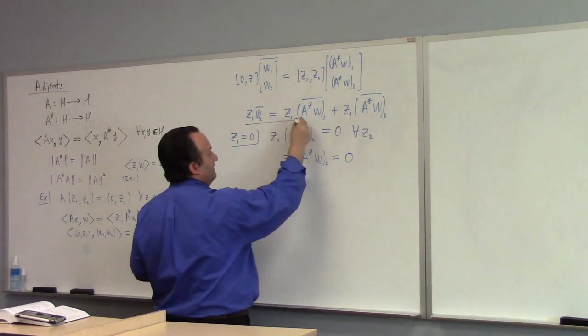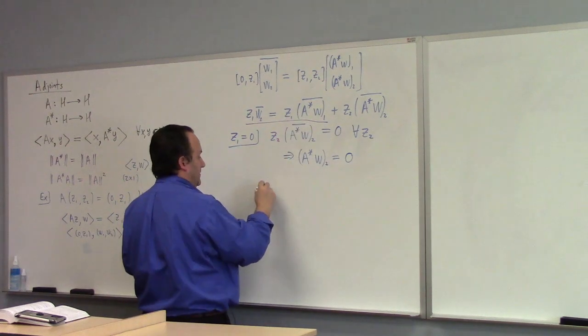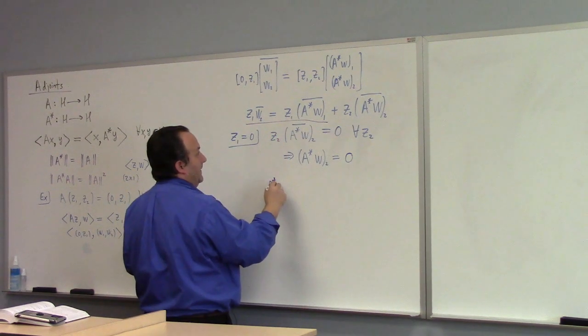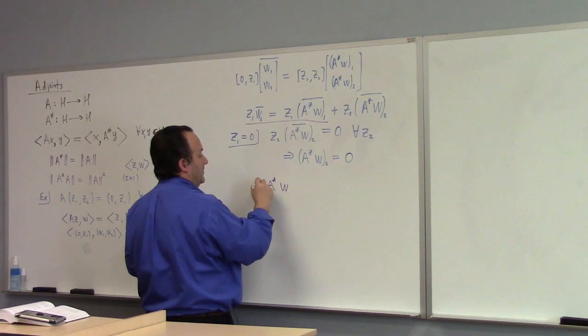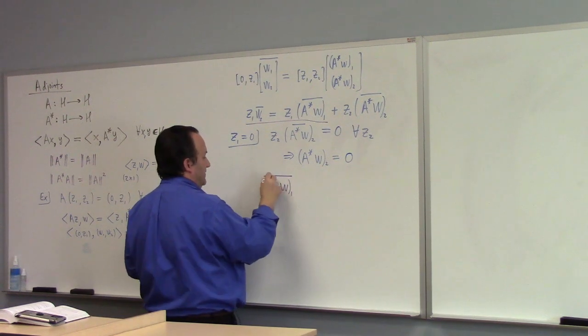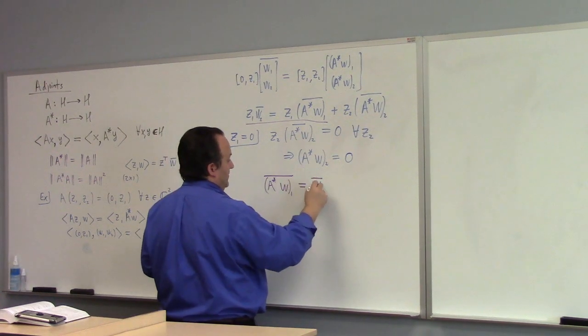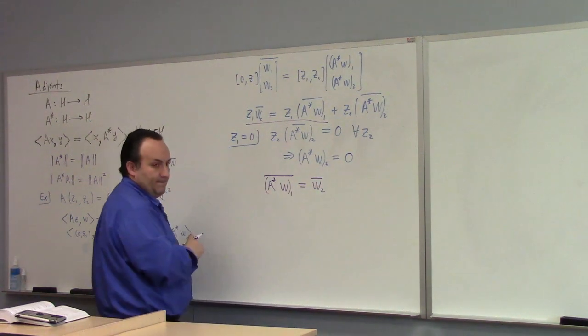here, I can put Z1 equal to 1, and I get A star W conjugate, the first component, is equal to W2 conjugate, right?